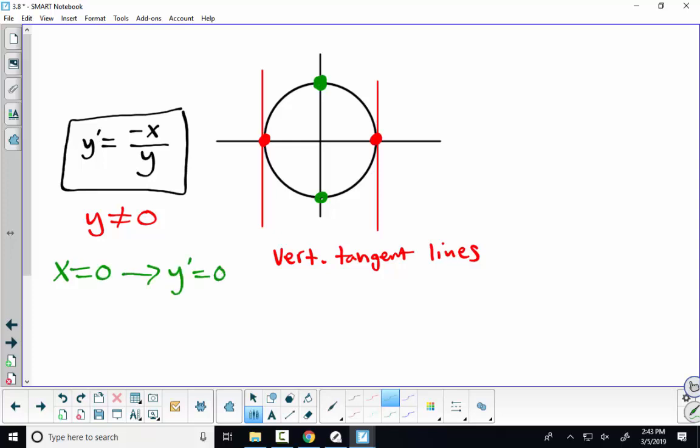We have the slope of our tangent line is 0, or we've got a horizontal tangent line there and there. So just to further convince ourselves that this derivative does make sense, we can look at those places where the derivative is undefined, vertical tangents, and where the derivative is 0 gives us those horizontal tangents.